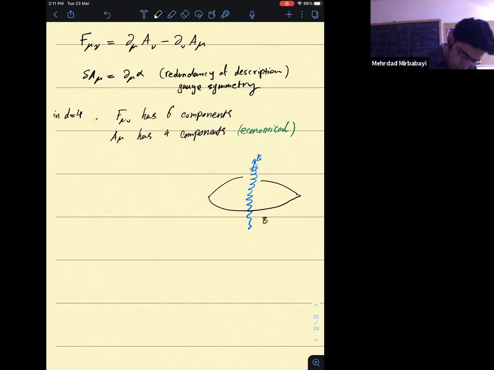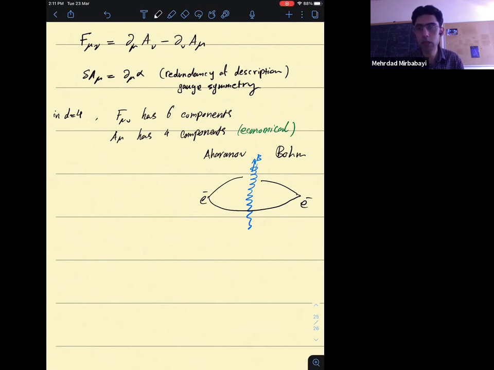So there is the Aharonov-Bohm effect. If you have this electron going around this solenoid, it will feel the presence of this magnetic flux.